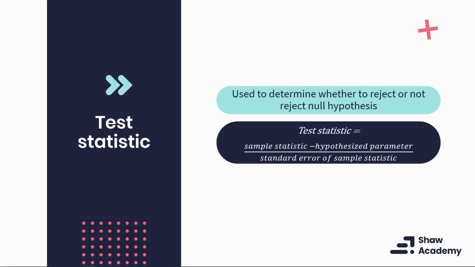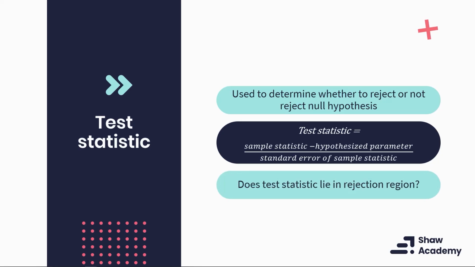We calculate where the test statistic lies, and if it lies in the rejection region, meaning if it's past the critical value, we would reject the null hypothesis and say that the null and alternative hypothesis are more likely not the same. The larger the value of the test statistic, the more likely it is that the observed difference reflects a true underlying difference. That is statistical difference.